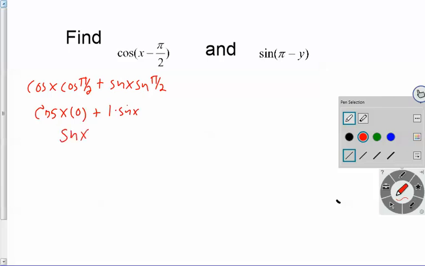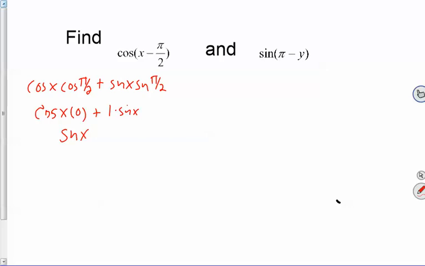How about the pi minus y? Well, this one we're going to do the sine of pi times the cosine of y minus the cosine of pi times the sine of y.